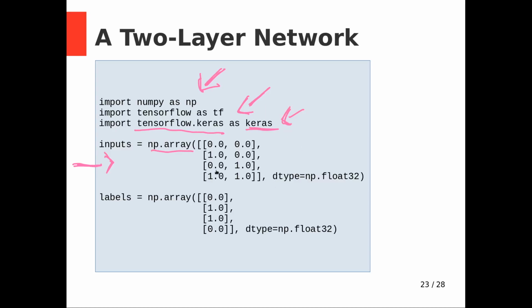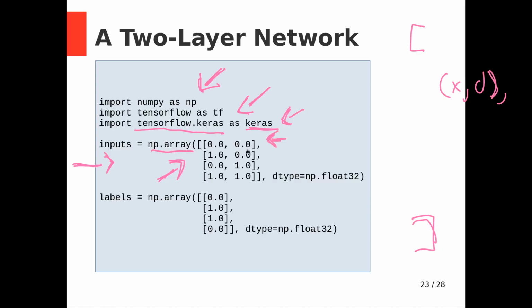Then I'm going to build my inputs and labels. So when we were working with NumPy, a convenient way to do that was to create a list of tuples of input and label, right? For Keras, we are going to package our inputs in a two-dimensional array, where each input is a row, okay?